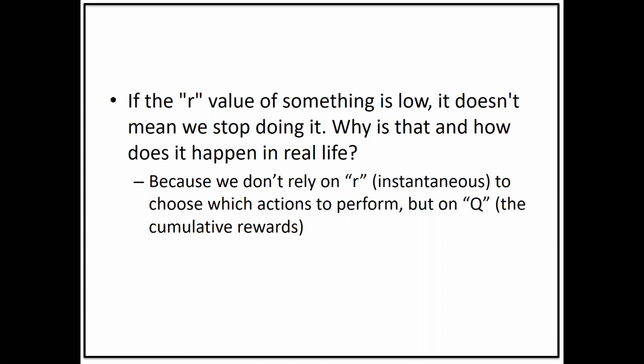You don't choose to open your textbook or open Netflix based upon the reward that you get for performing either action, but rather you perform the specific action from a given state based upon what the Q values are, right? So you perform any action based on the cumulative rewards, not on the instantaneous reward R. That is why even when an R value is really low in real life, we still perform that action because the cumulative rewards are high.